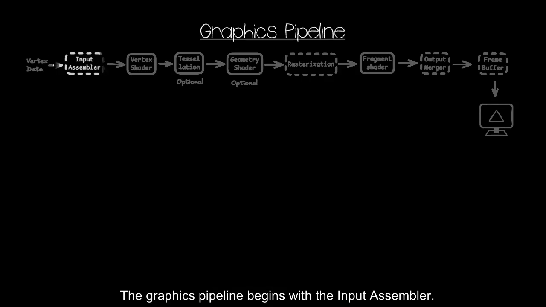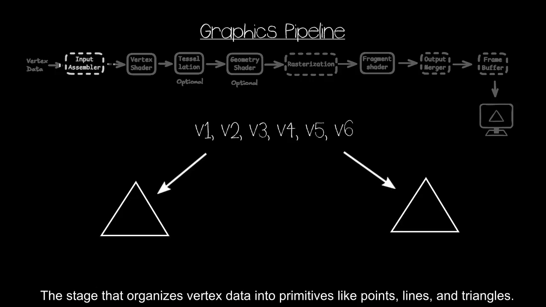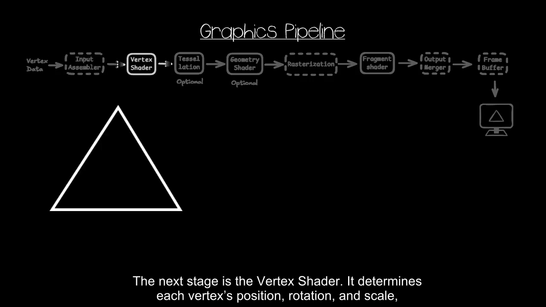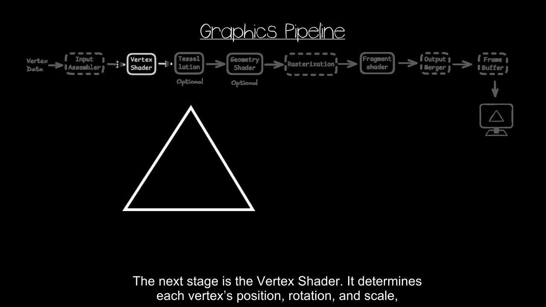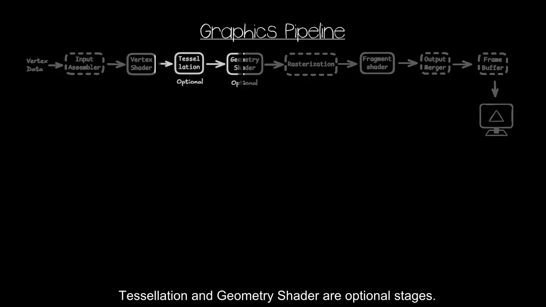The graphics pipeline begins with the input assembler, the stage that organizes vertex data into primitives like points, lines, and triangles. The next stage is the vertex shader. It determines each vertex's position, rotation and scale. Tessellation and geometry shader are optional stages.